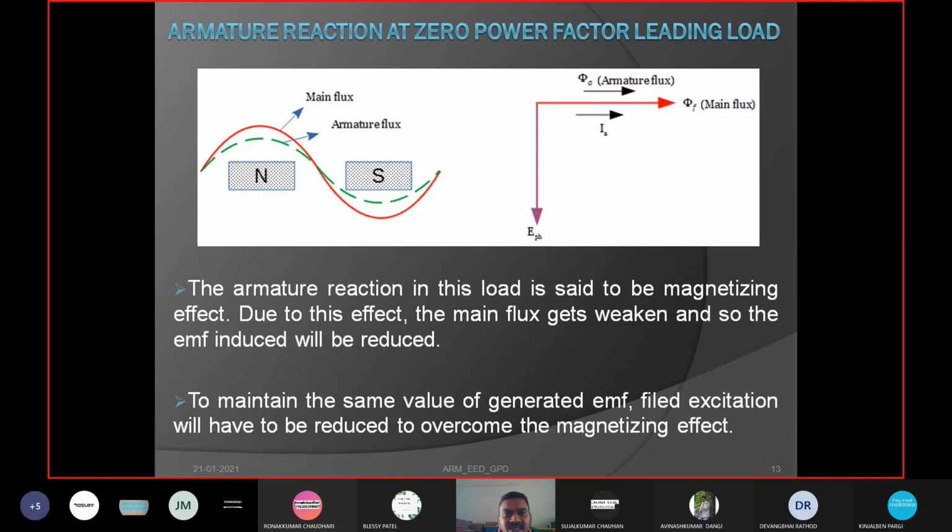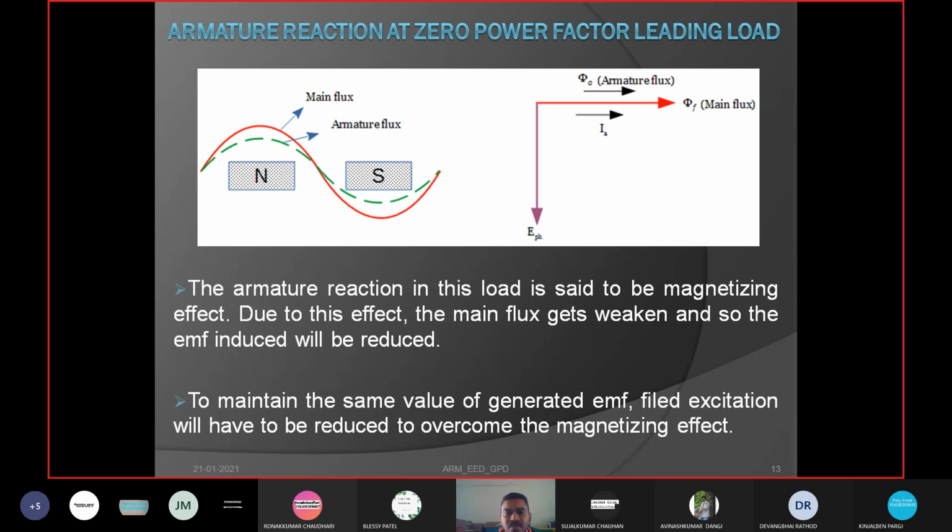This main field flux depends on the excitation, so we have to reduce the excitation of the field winding. As soon as the field winding excitation is reduced, the main field flux is also reduced, and it will keep the generated EMF at a constant value. So by reducing the field excitation, we can overcome the magnetizing effect of armature reaction.